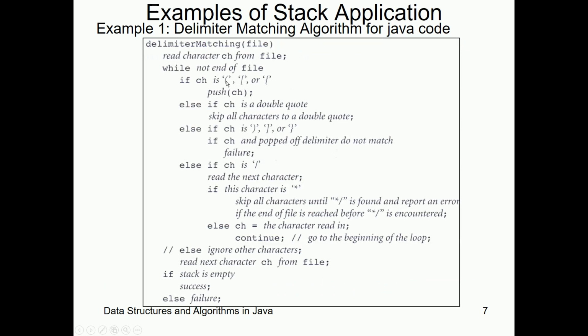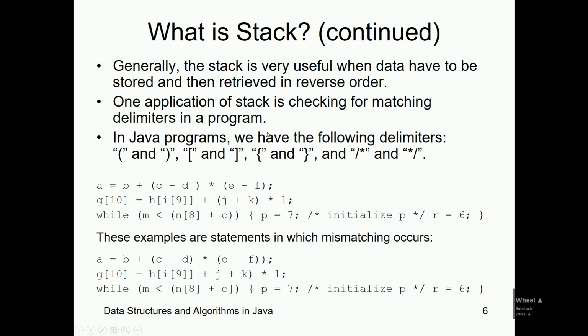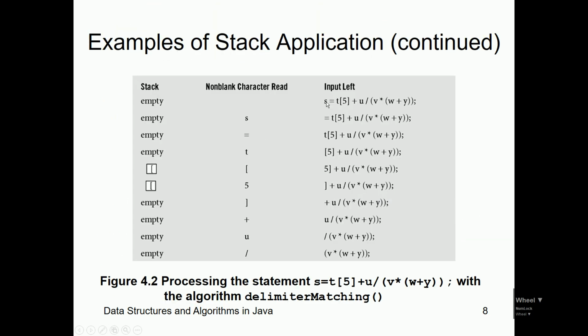When you find these, you push them in the stack. We're not interested in this s or the equals, so it takes the expression one character at a time, and if it finds one that has an opening and closing, then I push it in the stack.